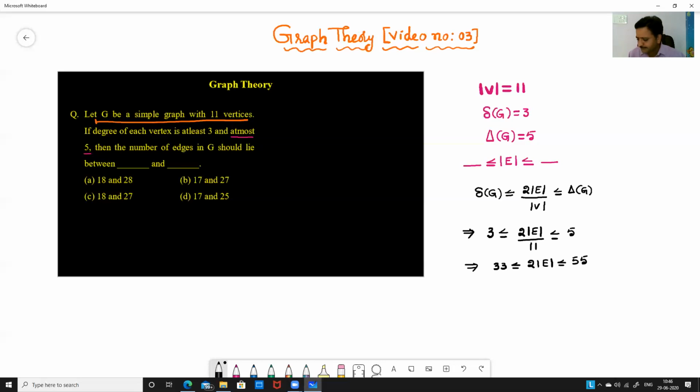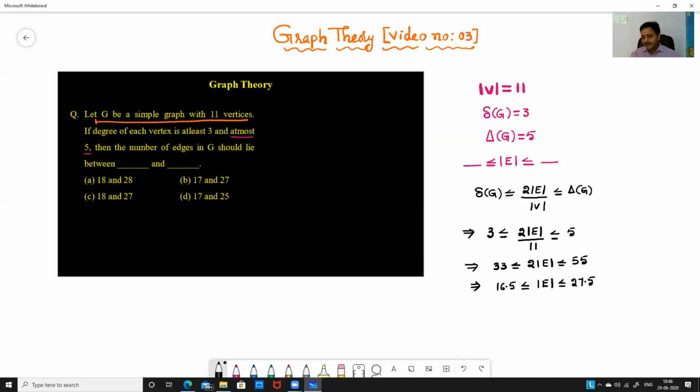Afterwards, divide by 2 on both sides, and we get the number of edges: 33 by 2, which equals 16.5, less than or equal to the number of edges, less than or equal to 27.5.